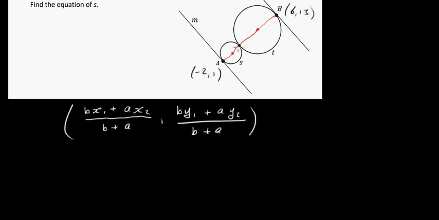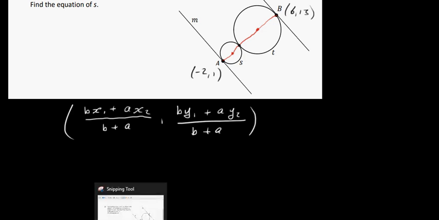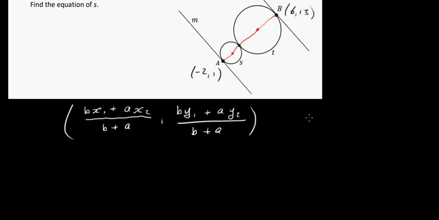So the coordinates of this point here are going to be given by this formula here, where we have the line divided in the ratio A to B.